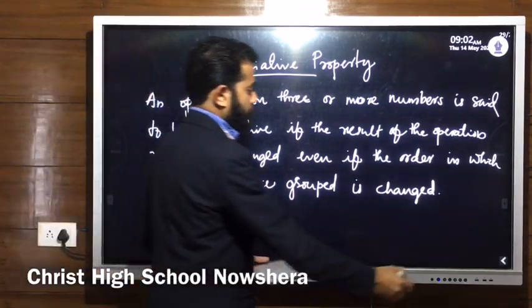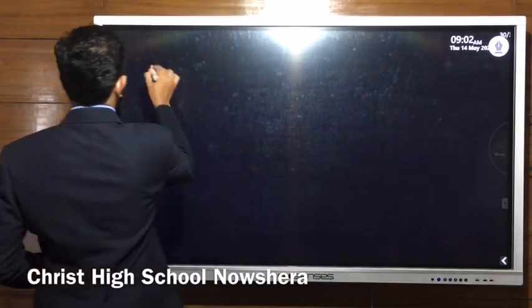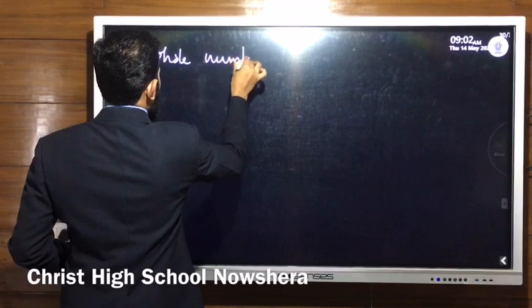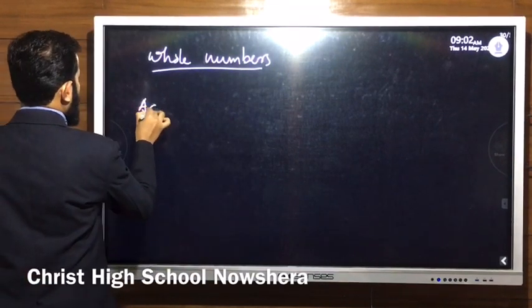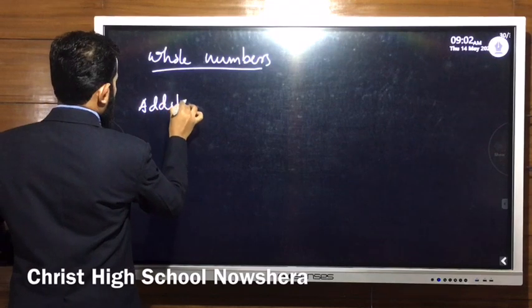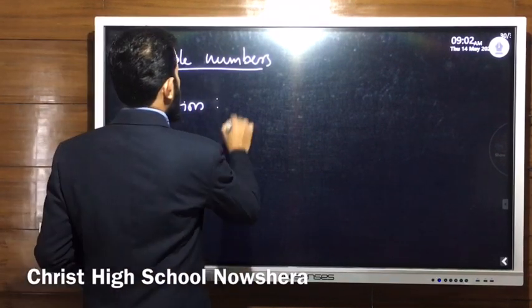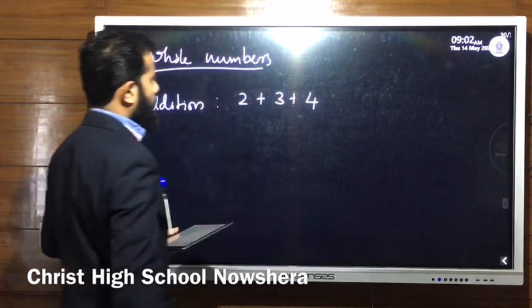An example we can see with the help of whole numbers. Addition. Three numbers we are choosing, 2 plus 3 plus 4.